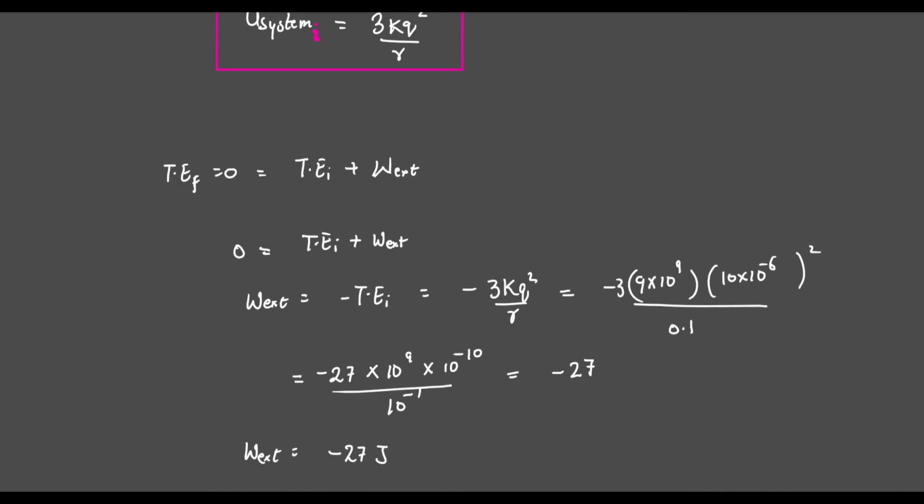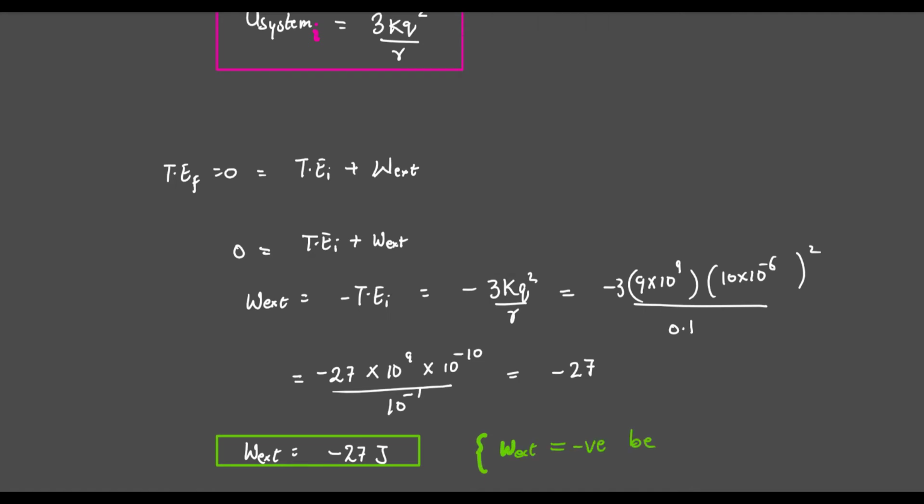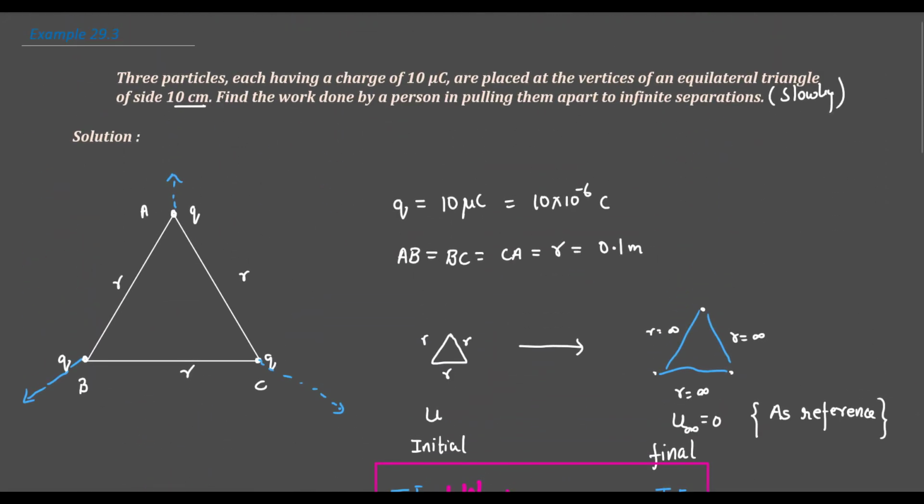Why negative? Because force and displacement are in opposite directions, as we have discussed also. That is why in the starting I said that it must be done slowly. If we do not let the charge go slowly, then why do we do work? We would just leave the charges to go by themselves.